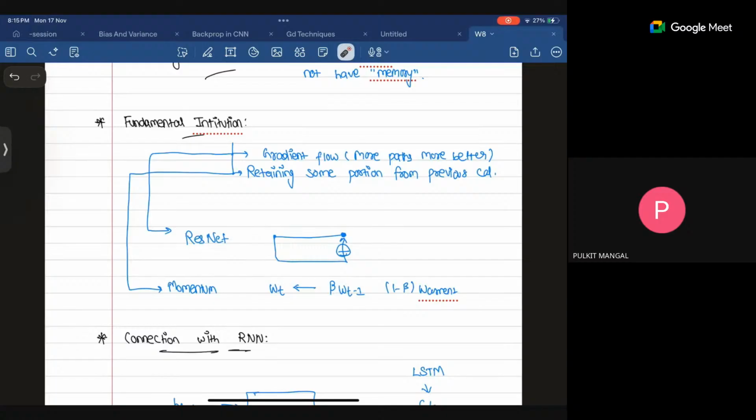That was our ResNet connection. And the momentum: we take the history of the gradients, and using that history, we push our convergence rate faster. So these two things we will start with, and using them we are going to build intuition on how they can help solve our RNN vanishing gradient problem.